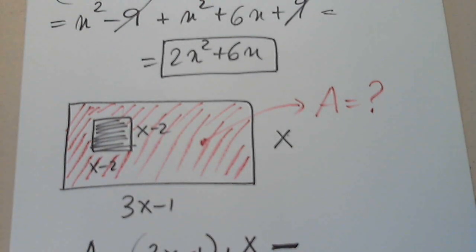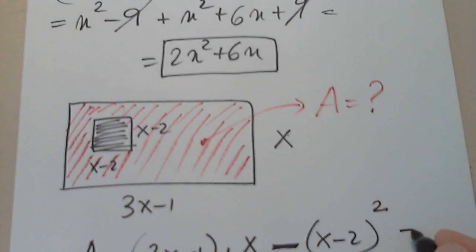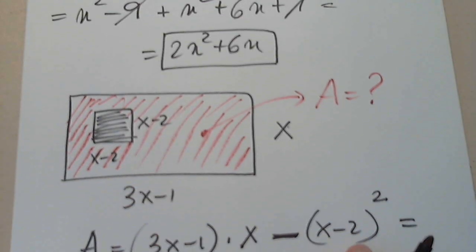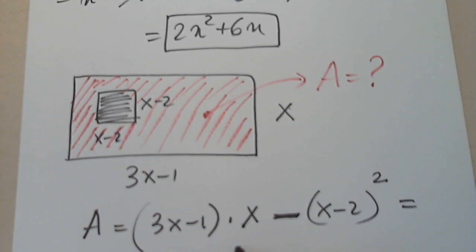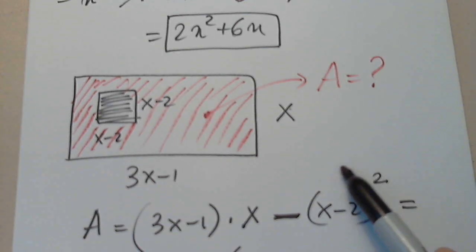What is the area of a square? Length times width? Yes, but because they are the same, it's (x minus 2) everything squared. But it is length times width, I agree. So here we have to distribute. We have 3x squared minus x minus. We reach the binomial squared.